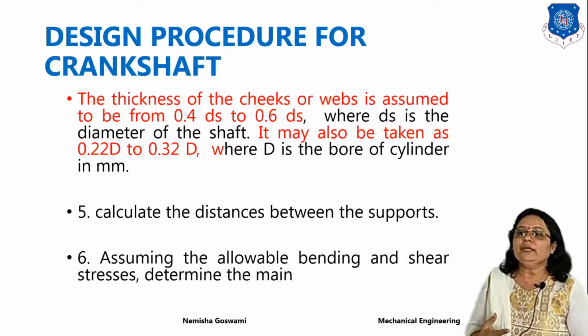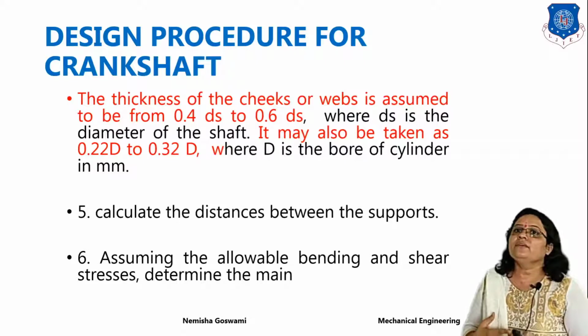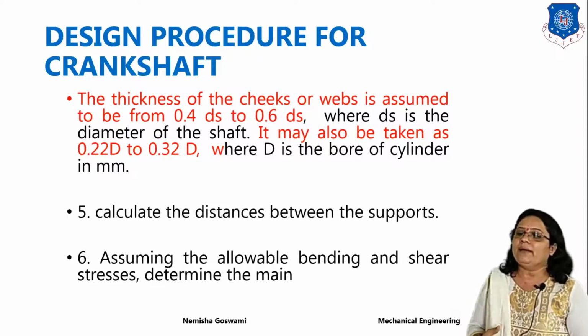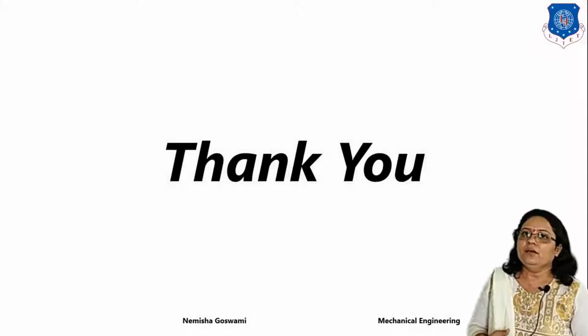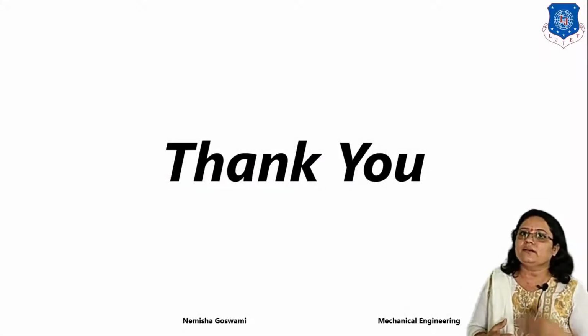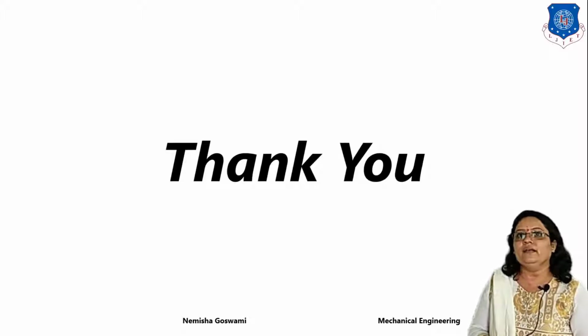Next, we assume the allowable bending and shear stress to determine the main dimensions. By using this procedure, you can find the different dimensions of your crankshaft using the standard values.